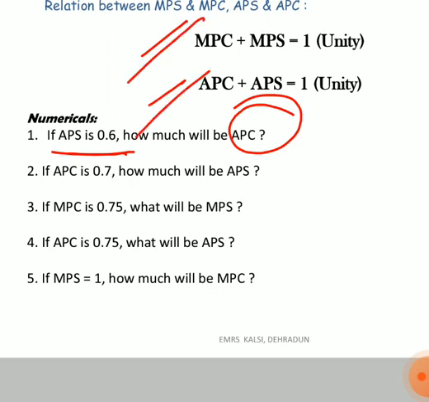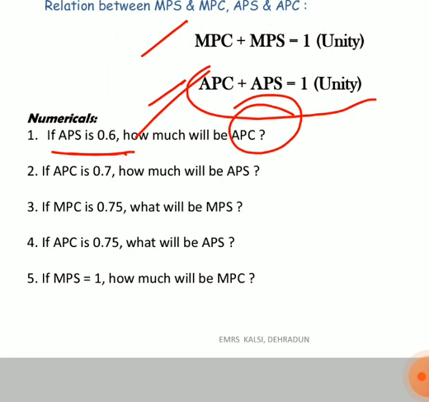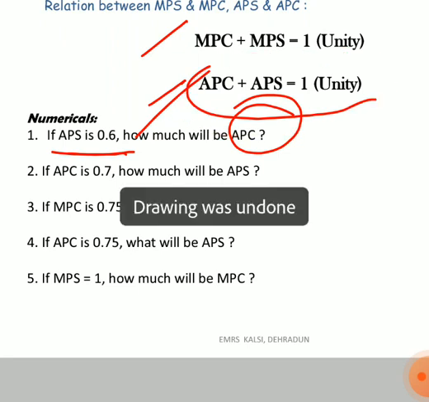Okay, so if it is asked in your exam what is the relation between MPC and MPS, you have to say MPC plus MPS equals 1. In the same way, if it is asked what is the relation between APC and APS, then you will write APC plus APS equals 1.